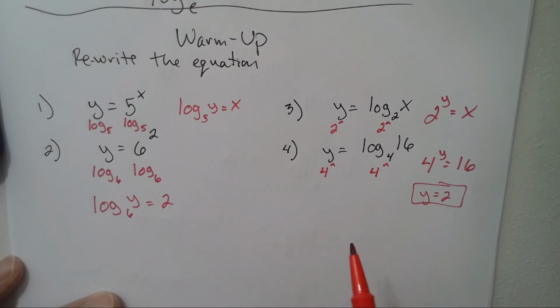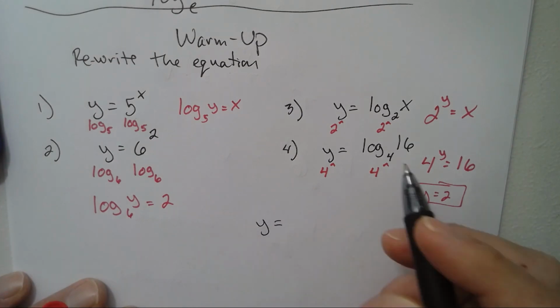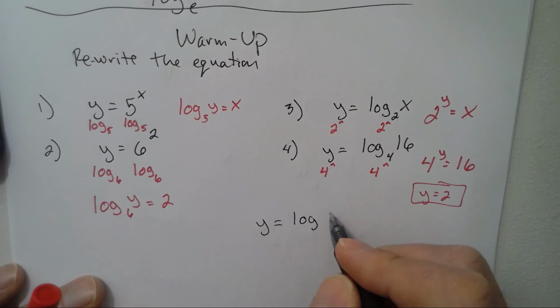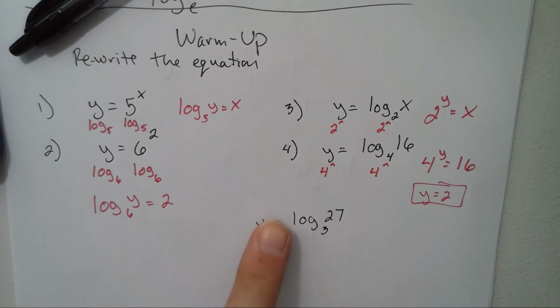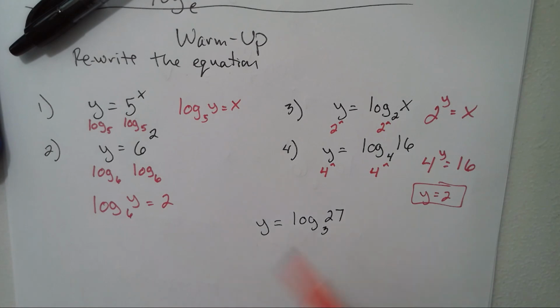I'll give you one more of those for an example. So if I have y equals the log of 27 base 3. If I just wanted to figure that out, I could set it equal to y and then do 3 to the power.